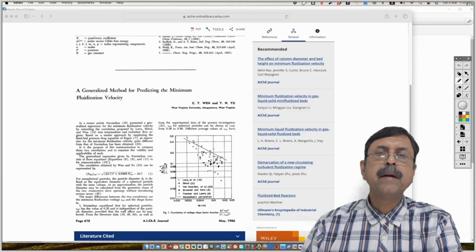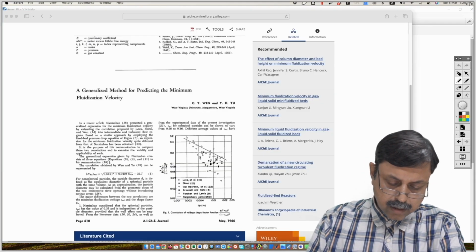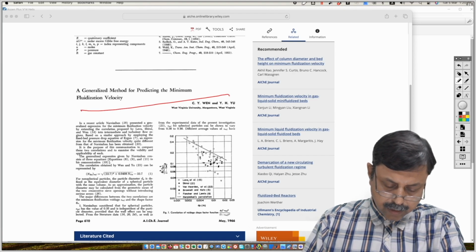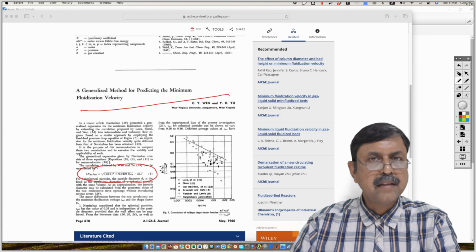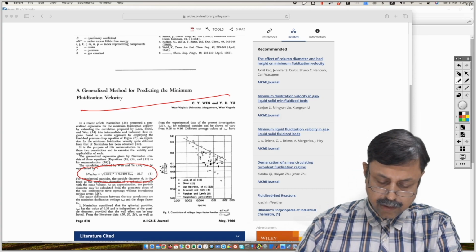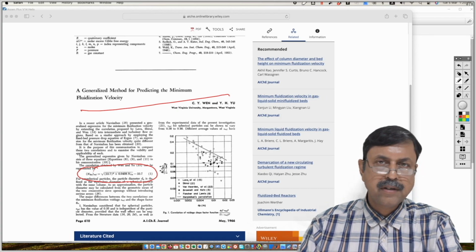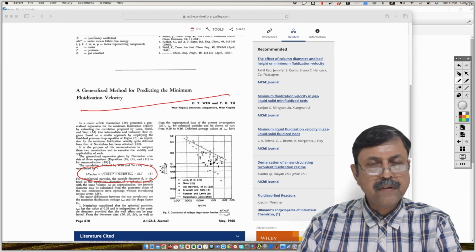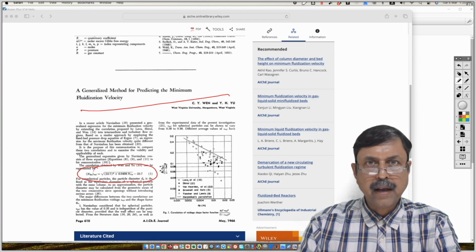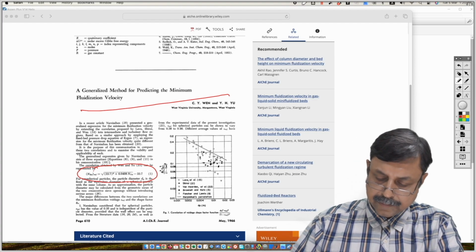So this is the paper that we were looking for. Okay, and this is the equation that we have just seen in the Aspen help file. So if you are interested, you can just refer to this AIChE paper and study it further.